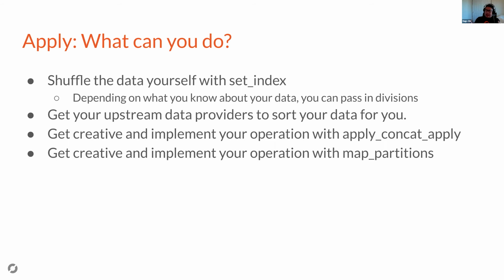So the data that I have is not just random data where I have no idea where things are. It might be something like stock tickers, in which case I know that each partition is organized by stock ticker. If you understand your data layout, you can call set index and tell Dask that your stuff is already sorted, and the set index will be incredibly fast.